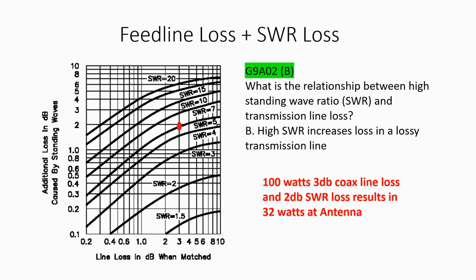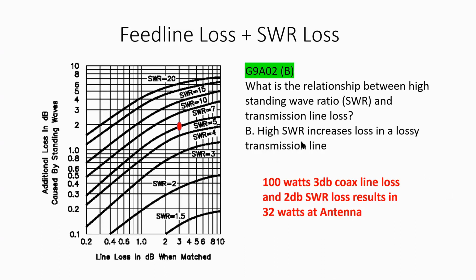Feed line loss. Remember we talked about feed line loss increasing with frequency and increasing with length of the feed line? Well, when you add to that the standing wave ratio loss, because there is a loss from not getting all of that energy into your antenna, that's wasted energy that bounces back.